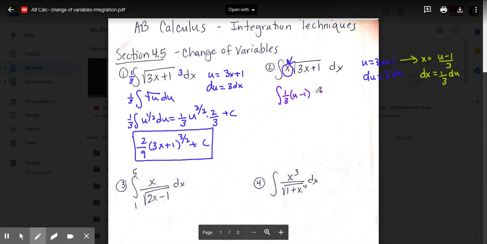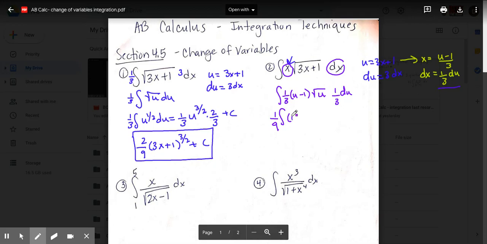This right here is going to be the square root of u. And the dx is this right here, the 1/3 du. All right, everything's in terms of u now. You don't want to have u's and x's together. So what you're going to do is clean this up. You're going to bring the 1/3 times 1/3 out.